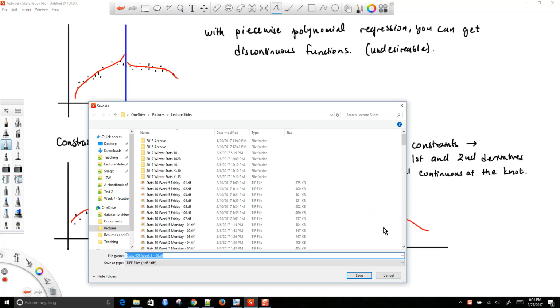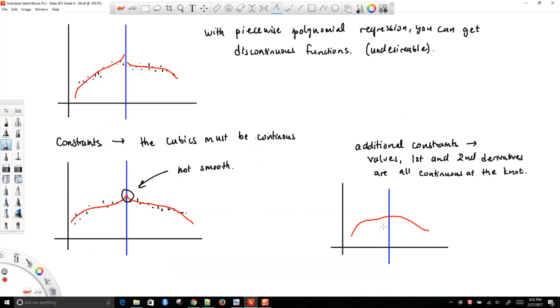And so how does this work in terms of the mathematics? We can express this using some basis functions.